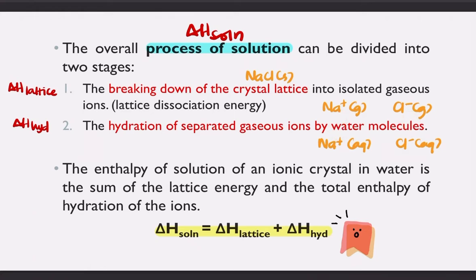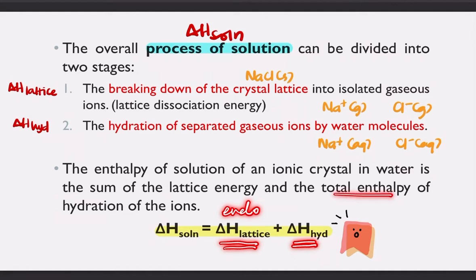So the enthalpy of solution of an ionic crystal in water, delta H solution, is the sum of the lattice energy, which will be endothermic, and the total enthalpy of hydration of the ions.